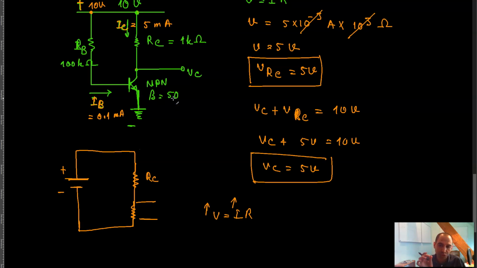Using, for example, photocells. They put a photocell as the base resistor of a simple transistor, and you know that when you shine light on a photocell, the photocell is nothing but a variable resistor, where the resistance changes based on the amount of light that you shine upon it.